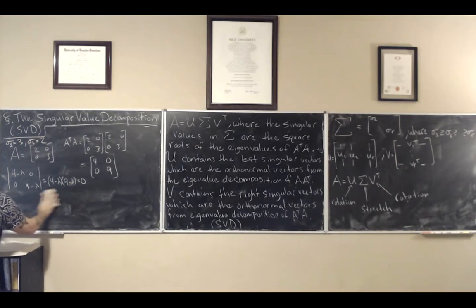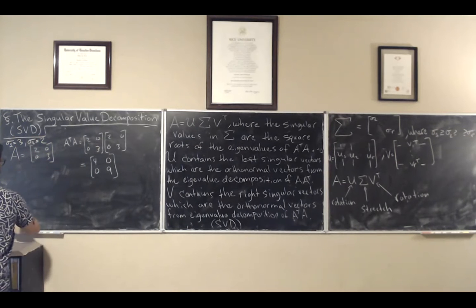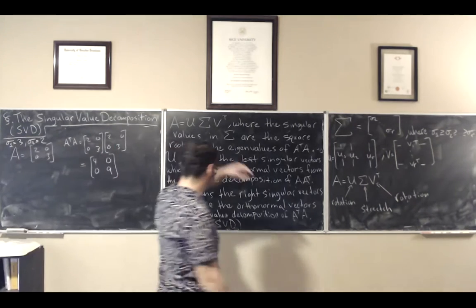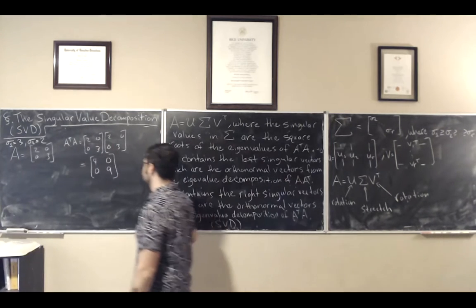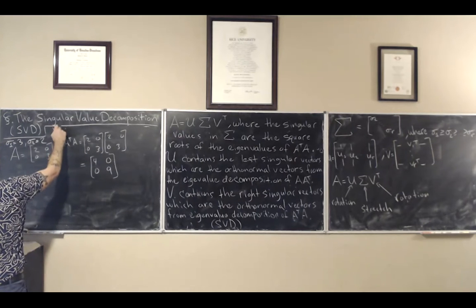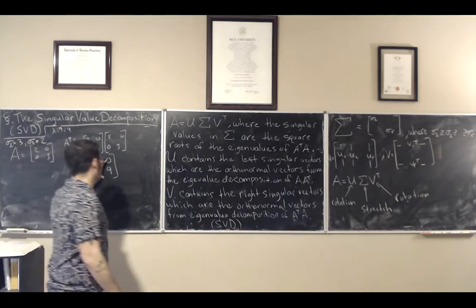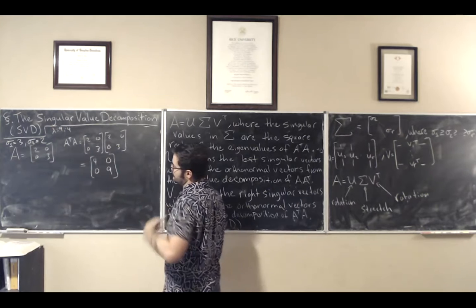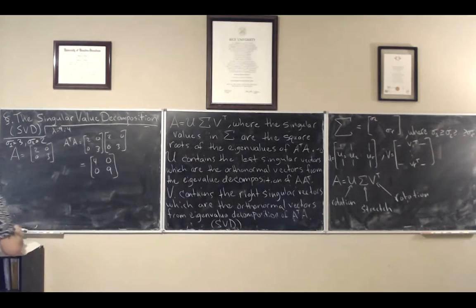All right, so now we need to find, so which ones do we get from A transpose A? We get the vectors V. So the eigenvalues were 9 and 4. So we have to look at this and subtract off 9 and 4, and then find the vectors, right? So I'll do lambda equals 9 first. So 4 minus 9, so minus 5, and then 0, 0, 0.